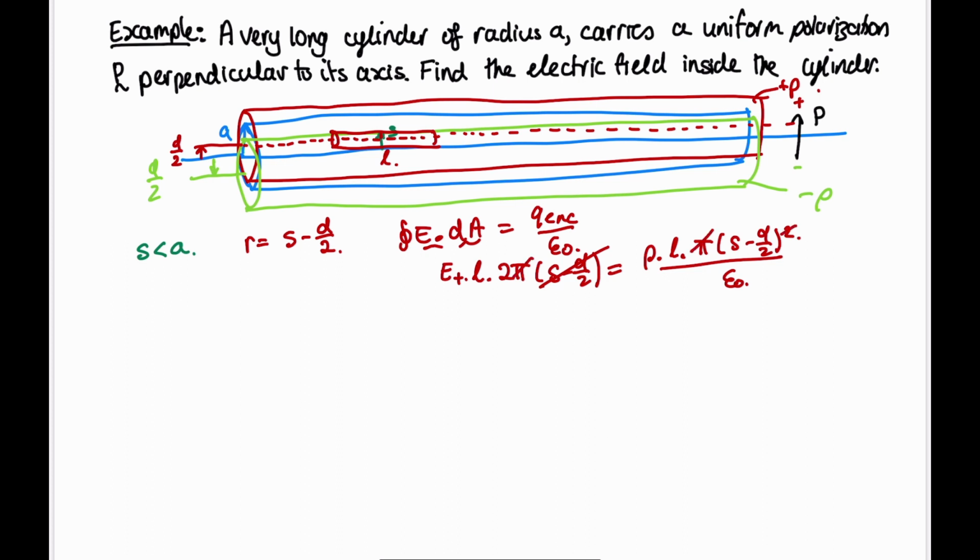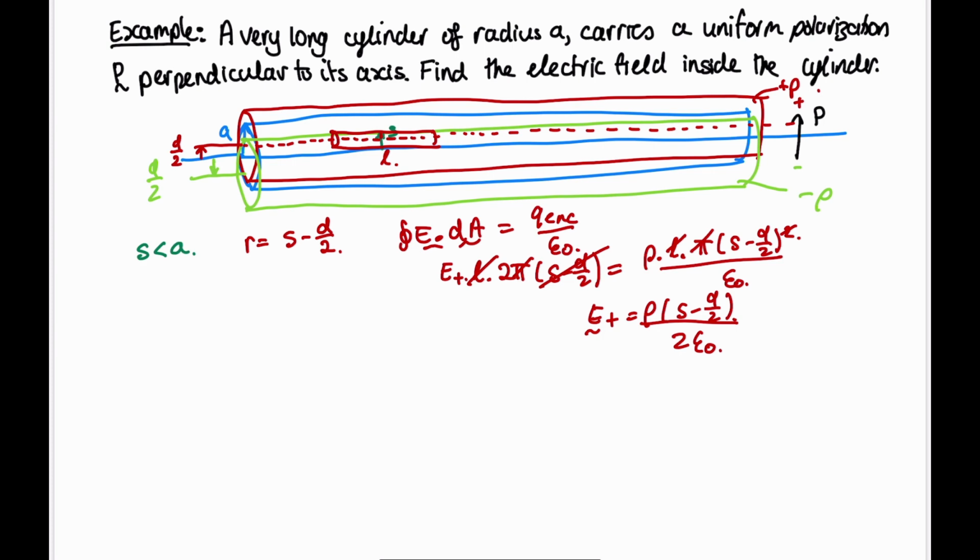These pi's will cancel, the L's will cancel, and we end up with E plus is equal to S minus D over 2 rho divided by 2 epsilon naught.